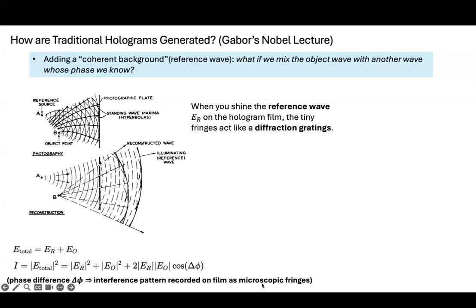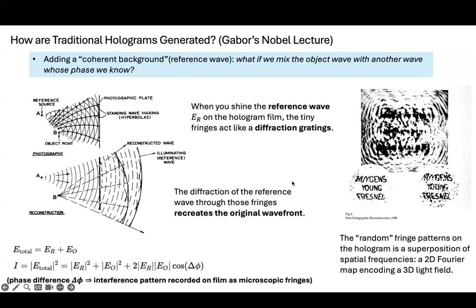And it's recorded as microscopic fringes on the film. So when you reshine the reference wave, as in this bottom graph, which is the reconstruction step, these tiny fringes act like diffraction gratings, like the double slit experiment. And this diffraction of the reference wave will recreate the original wavefront from your object.